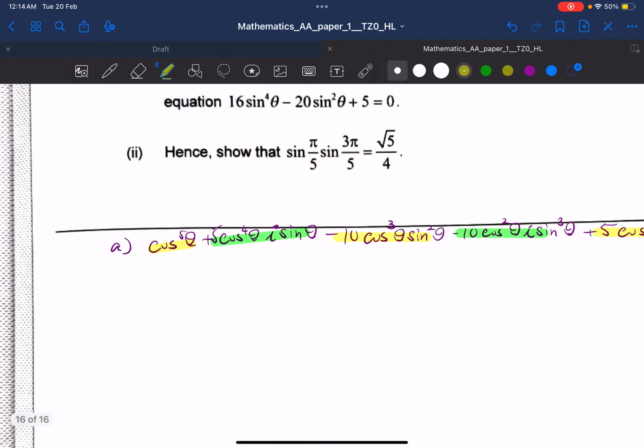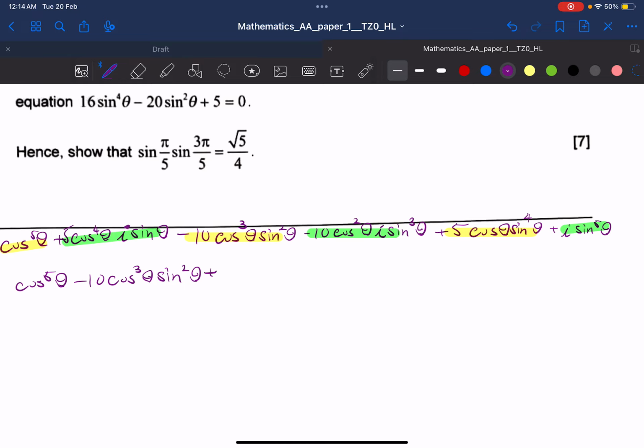So the real part will be cosine power 5 theta minus 10 cosine power 3 theta sine squared theta, and then plus 5 cosine theta sine power 4 theta.